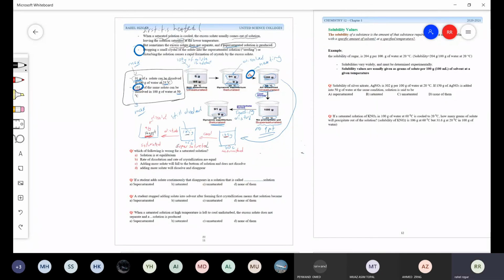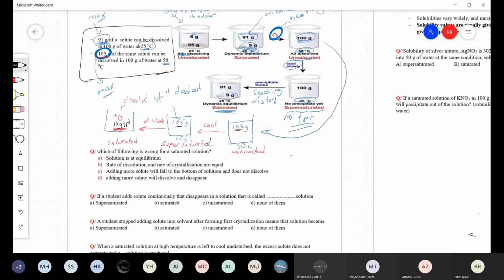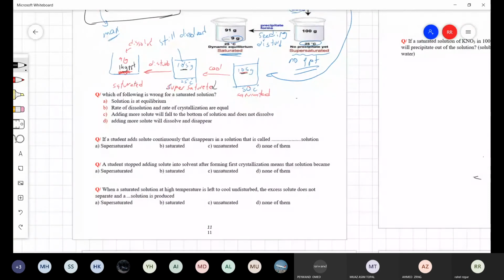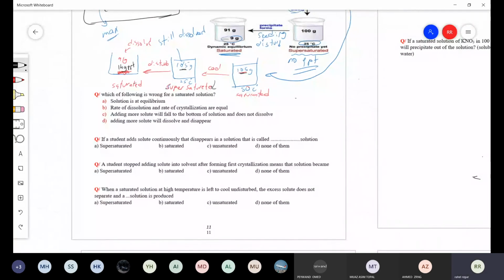Very good. Let's solve some questions on this subject. Which of the following is wrong for a saturated solution? Saturated solution is at equilibrium. Yes, it's not wrong. So it says which one is wrong.